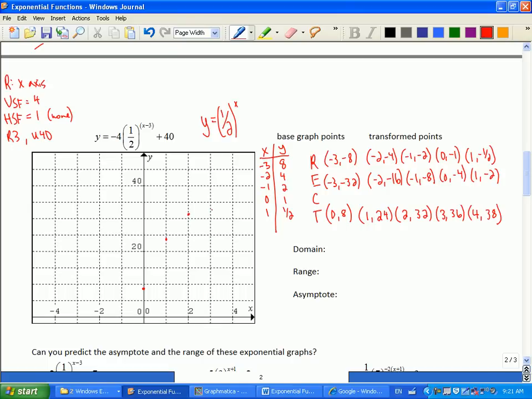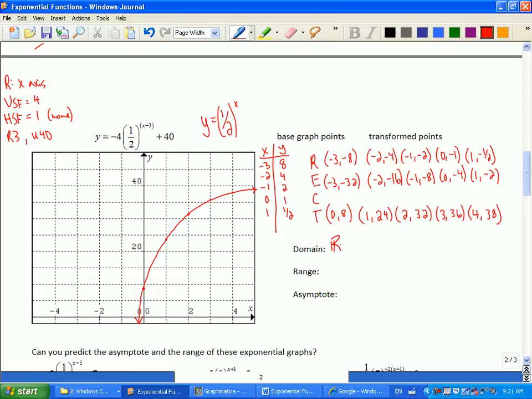And 3 and 36, something like 35 is that line, so it's probably a little lower. And then 4 and 38, probably going to look like that. So this graph, if I connect the dots, would go this way.